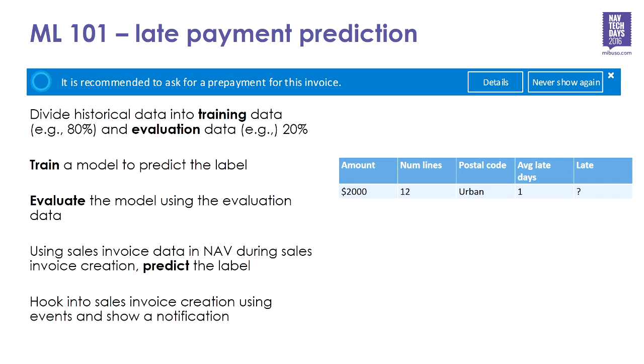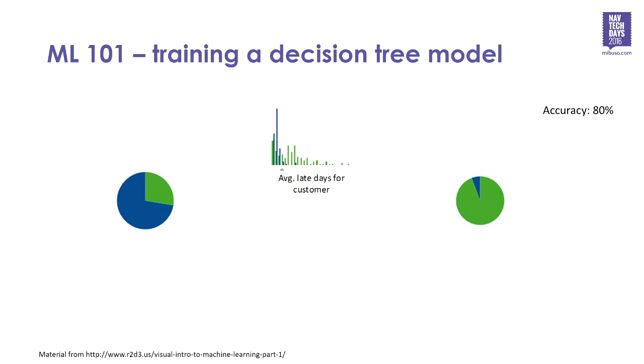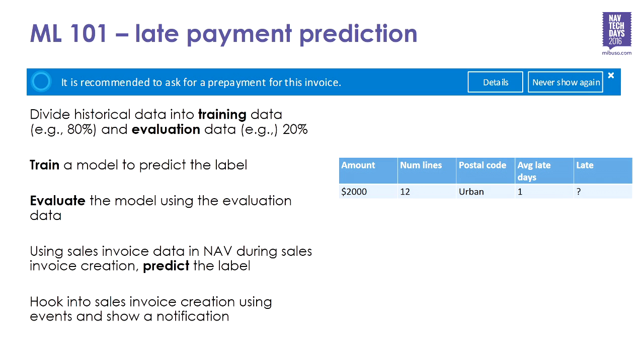So what do we do next? Well, we divide this historical training data into a set that we train a machine learning model on. You could take 80% of all these sales invoice data lines and use that to train a model. You hold out 20%. Then you get a machine learning model that can predict the label.